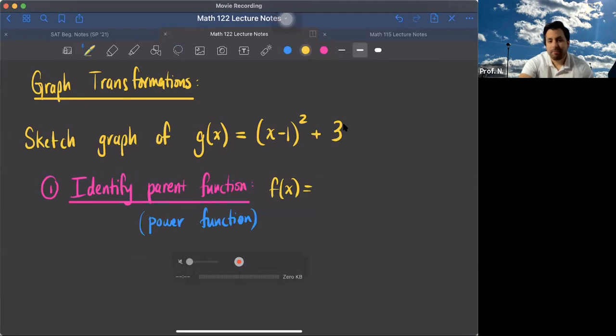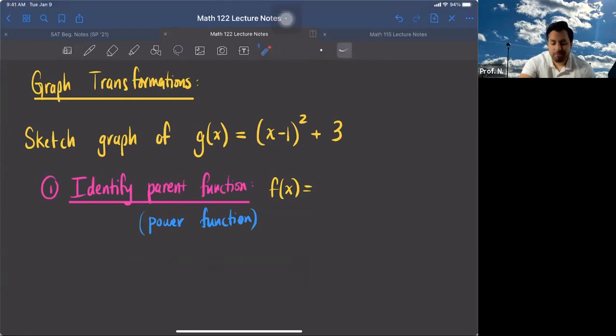It's right there. 2. So the parent function would be what? It would be quadratic. Yes. The parent function is x squared. That's it.